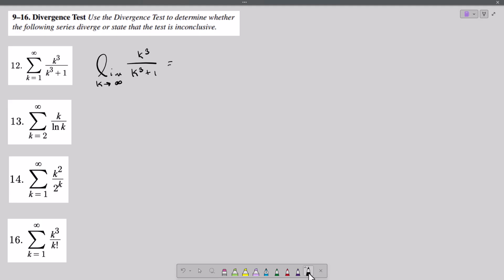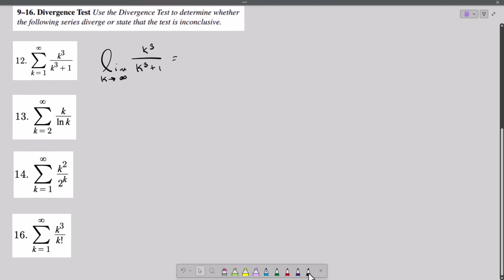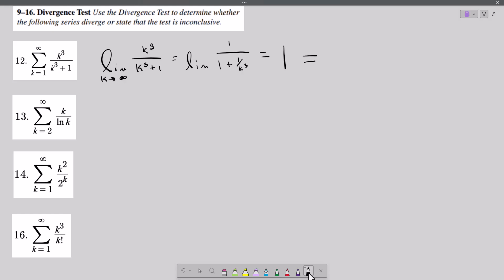That's the algebra way. You could also use L'Hopital's rule and take derivatives top and bottom a few times, or you could divide by the highest power of k, which is probably the most intuitive way. That limit is 1. This is not equal to 0, therefore divergence.